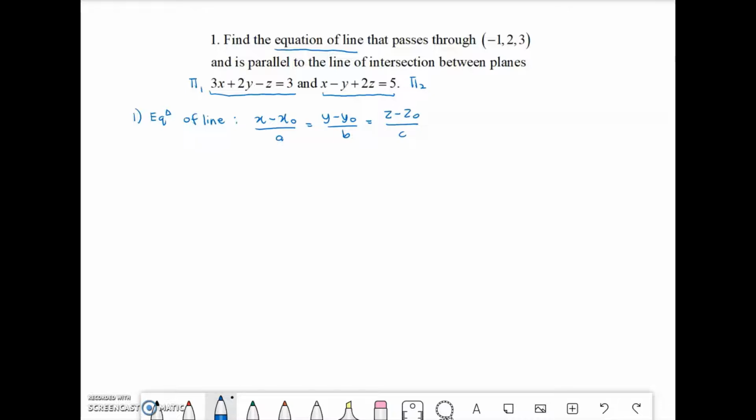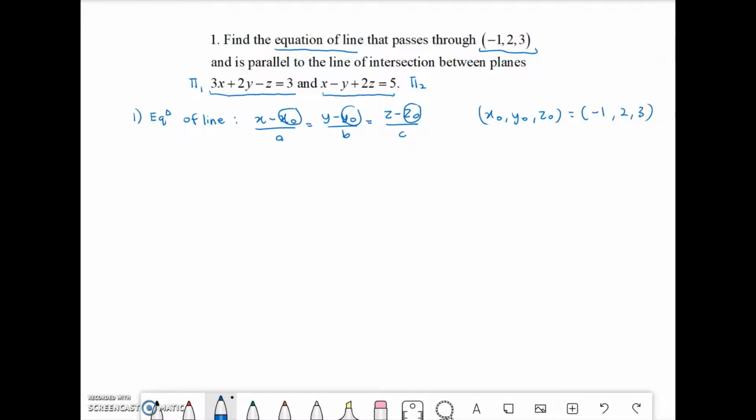What we need to identify is the point x naught, y naught and z naught, which can be obtained by taking this point, because the line passes through the point -1, 2 and 3.